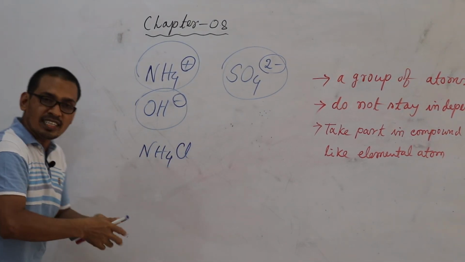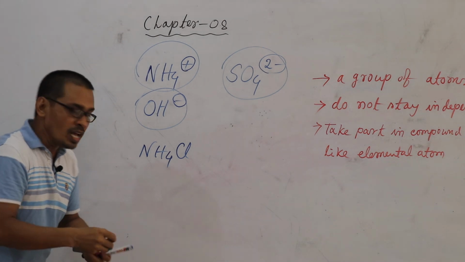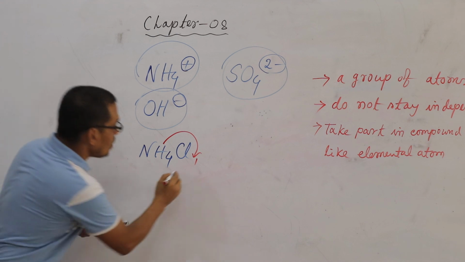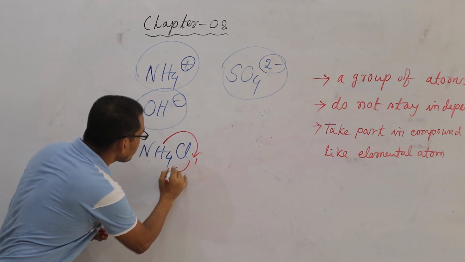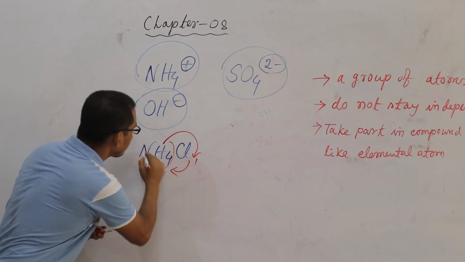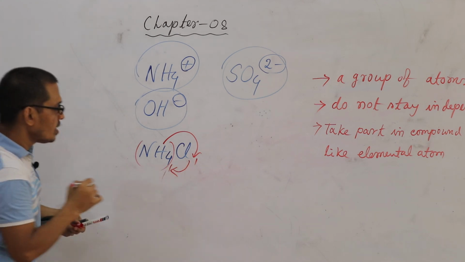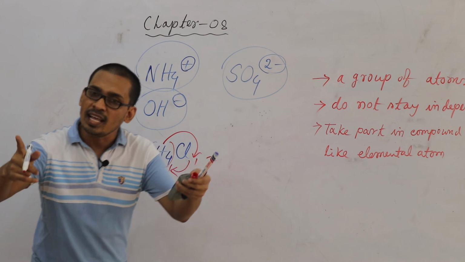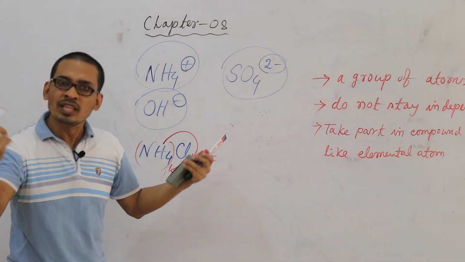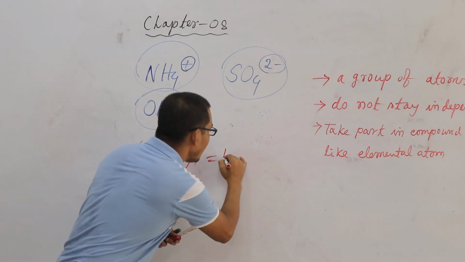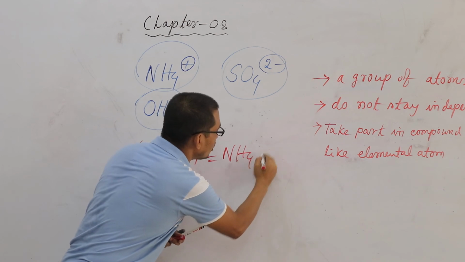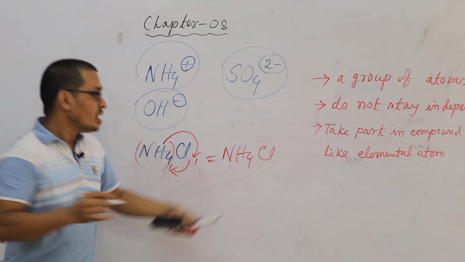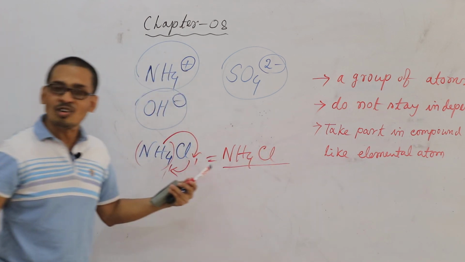So the valency of ammonium will be transferred to chlorine and the valency of chlorine will be transferred to ammonium. As their valency is 1, no need of writing the valency, so we can write NH4Cl, ammonium chloride. It is another compound.